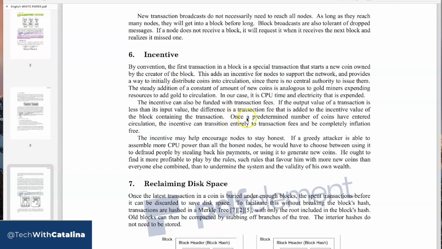So here Satoshi is saying once a predetermined number of coins have entered circulation, the incentive can transition entirely to transaction fees. Okay? So whenever almost the 21 million Bitcoin are in circulation, the miners are going to have just the fee of the transaction.